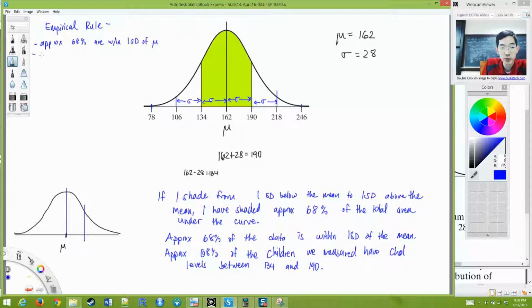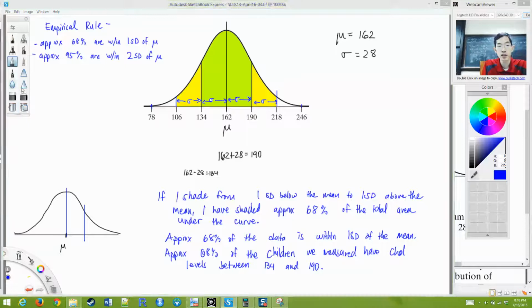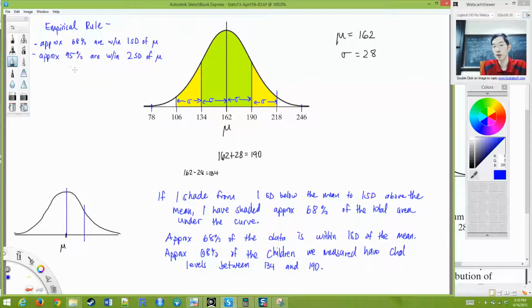The empirical rule goes to the next step. It says approximately 95% are within 2 standard deviations of the mean. So if I were to shade in out here to here, we're saying everything in between 106 to 218, now that covers about 95%, okay, about 95%.